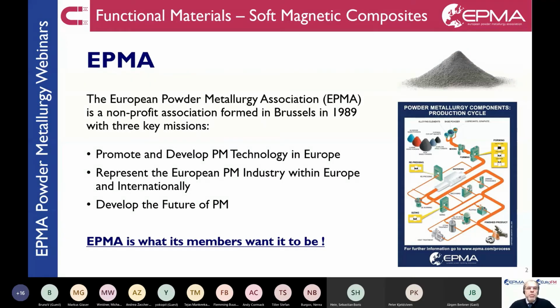We want to promote, develop and represent the PM community here in Europe, also at any level where it's needed. We are governed by the members, so the members decide what the important activities in EPMA are through the council and the board of our association.